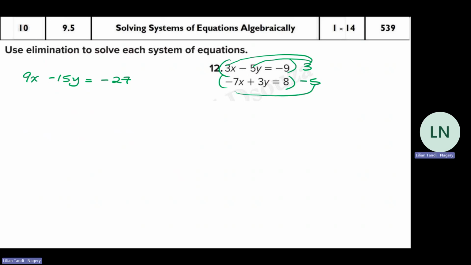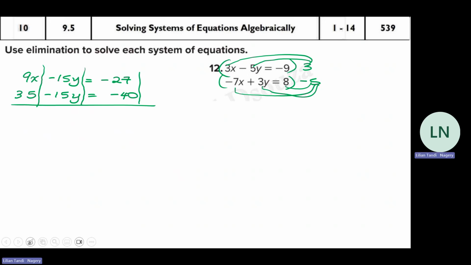Negative 5 times negative 7, positive 35. Negative 5 times positive 3, negative 15y. And this should give you negative 40.